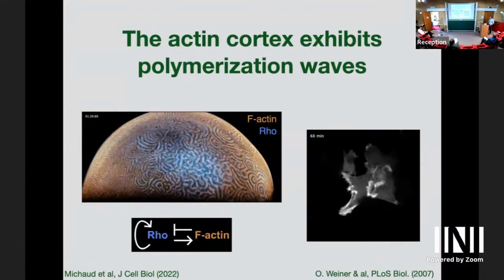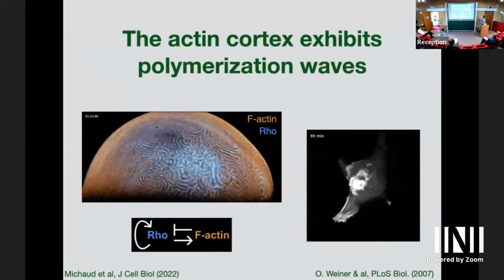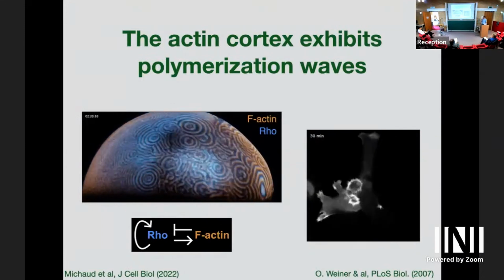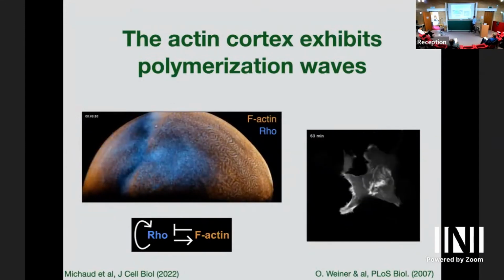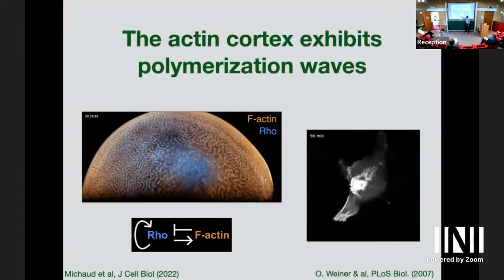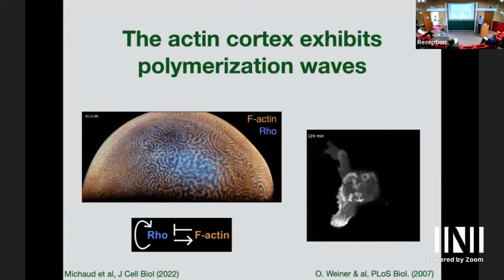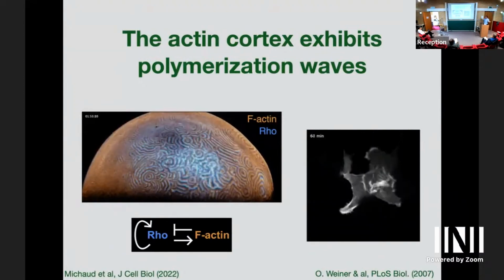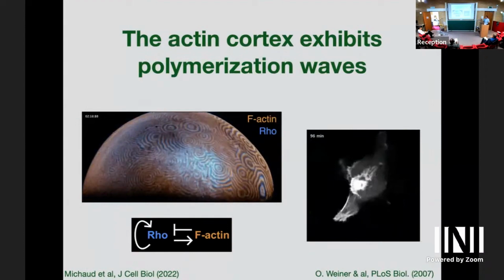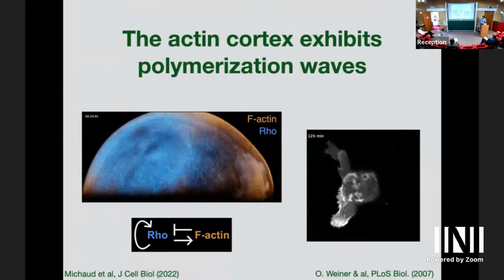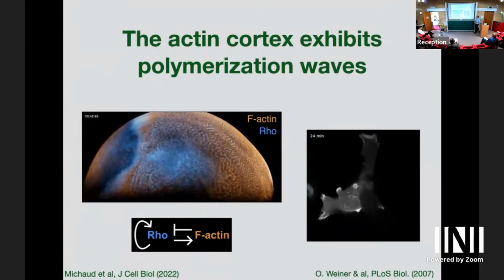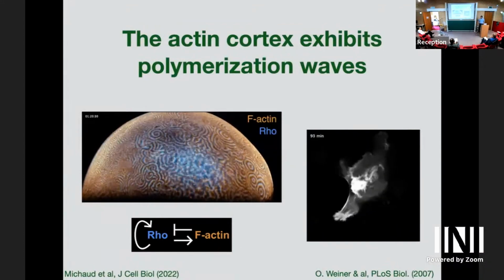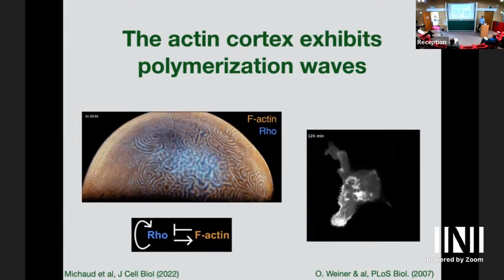Okay, so the question is, how can we understand these patterns? What has come out over the years is that there is a feedback between Rho activity and actin. As I said, Rho, which itself can be in an active or an inactive state, and there are very different kinds of Rhos, so I just call it primarily Rho. This one can activate and inactivate proteins that control actin.